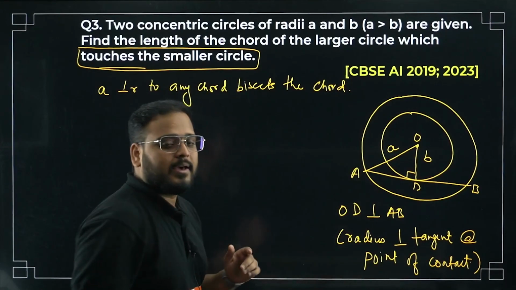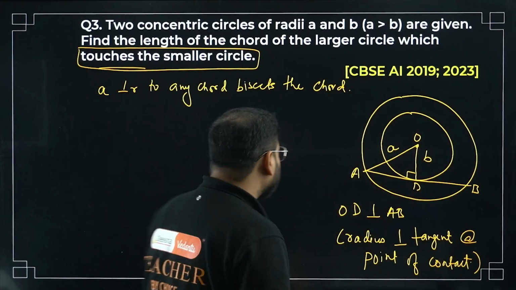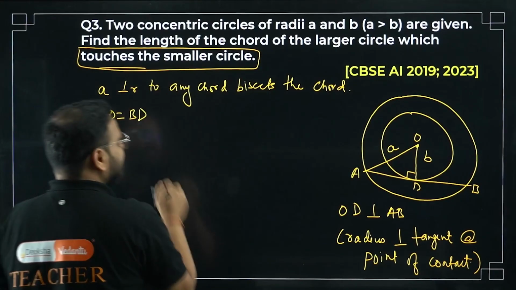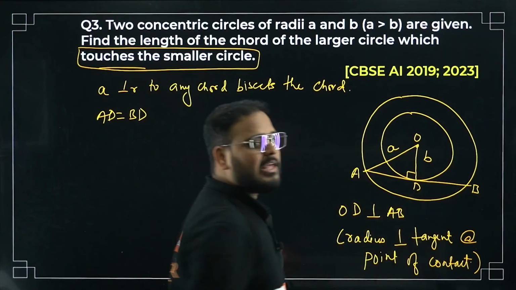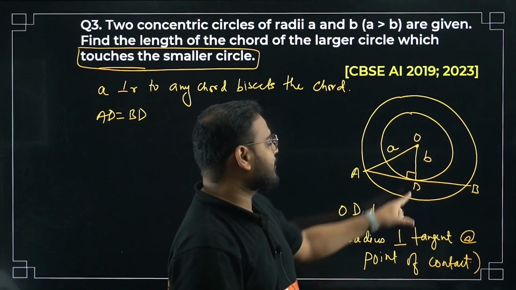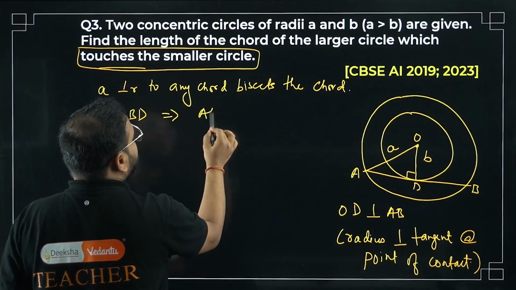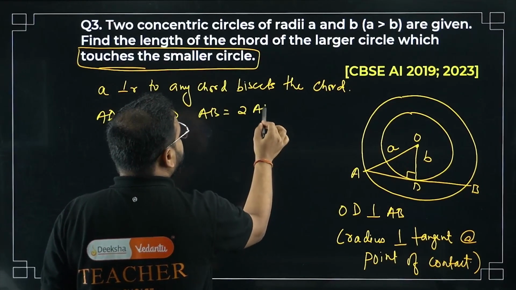All of you agree? In that case, AD equals BD. Bisects means AD and BD will be equal lengths. It means D is the midpoint, so AB would be twice AD.